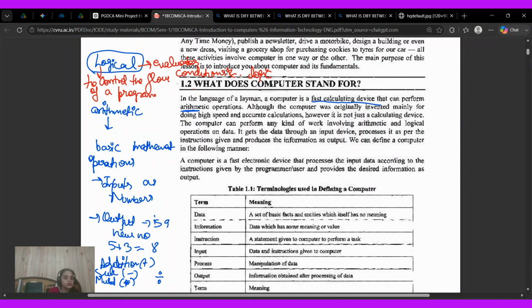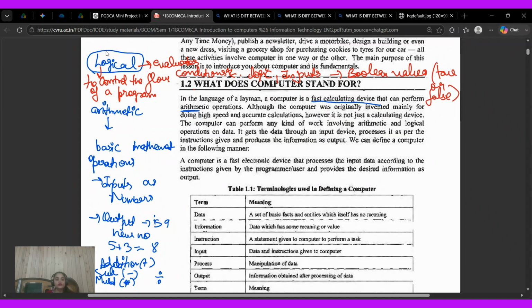So logical operations evaluate conditions and logic, and the inputs are boolean values, true or false. The output is also a boolean value.